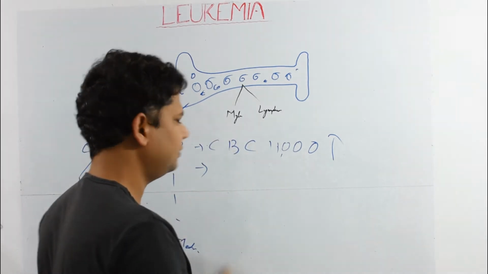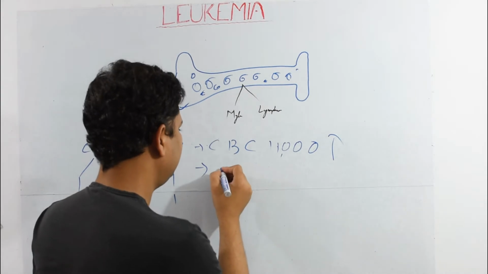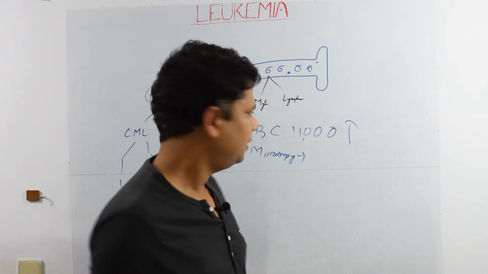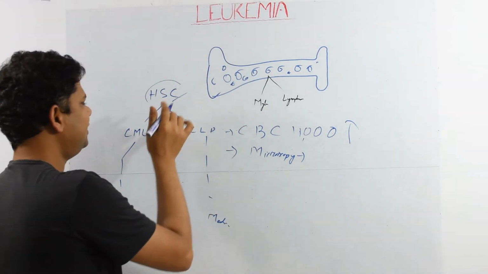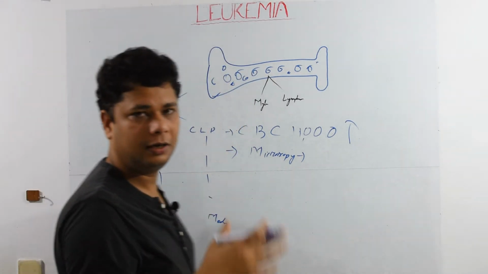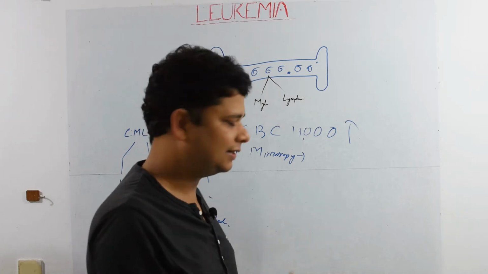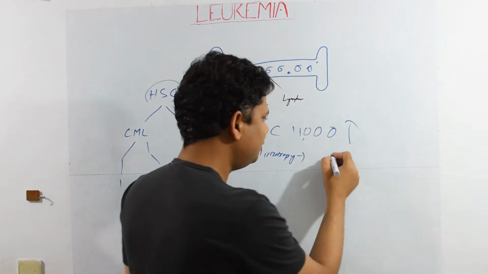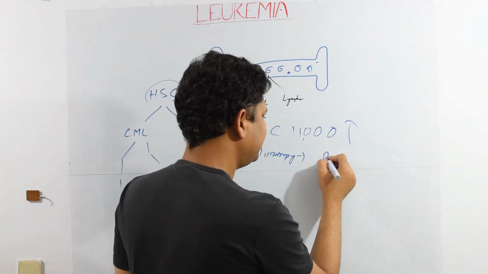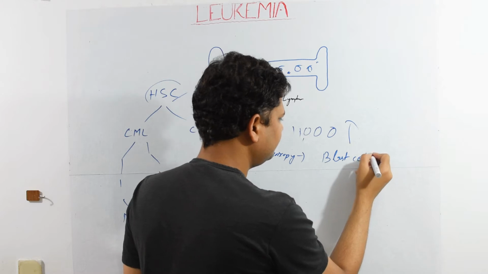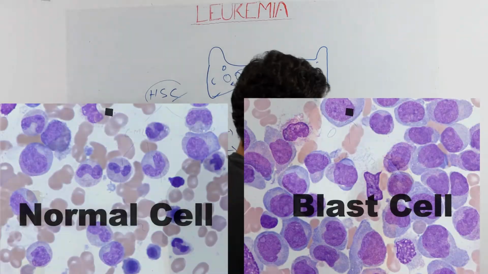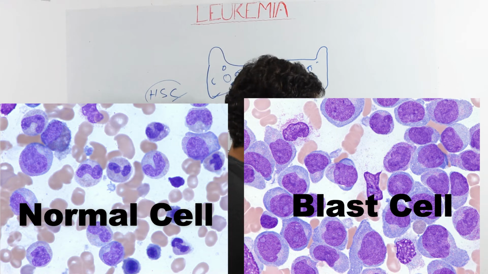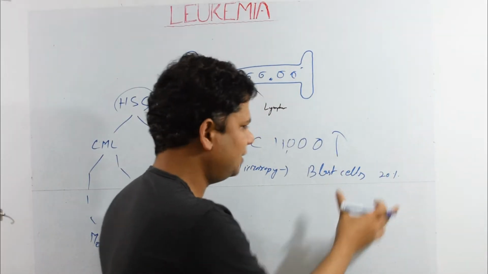Next comes the blood test, or checking under the microscope. These immature cells are called blast cells. So under the microscope, when leukemia happens, you will see a high number of blast cells. Usually the blast cells increase to more than 20%. So this is the condition for leukemia.